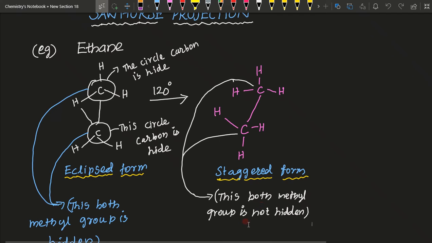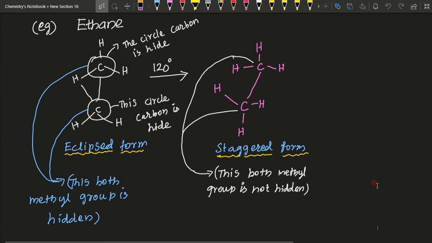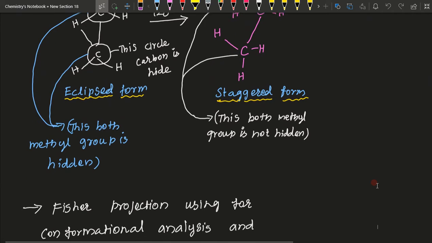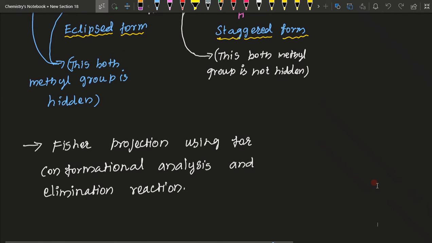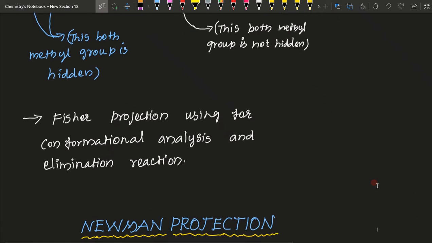Both methyl groups are not hidden. See, here there is hidden, here there is no hidden. Sawhorse projection is used for conformational analysis and elimination reaction.